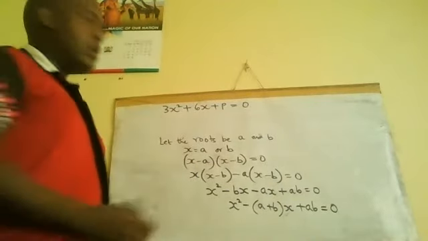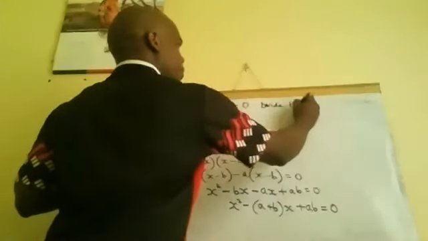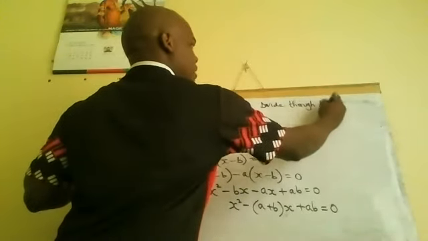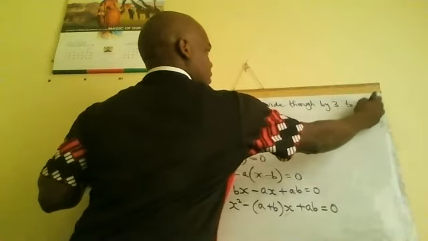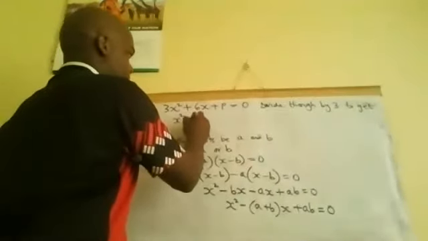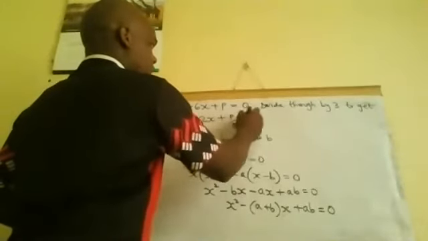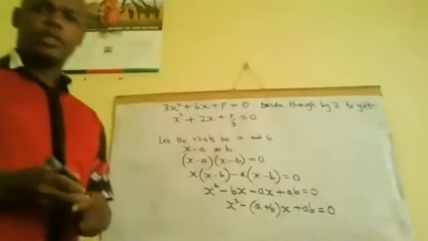What I'll do is I'll divide through by 3 to get x squared plus 2x plus p over 3 is equals to 0.